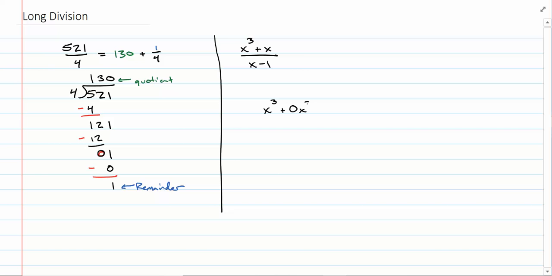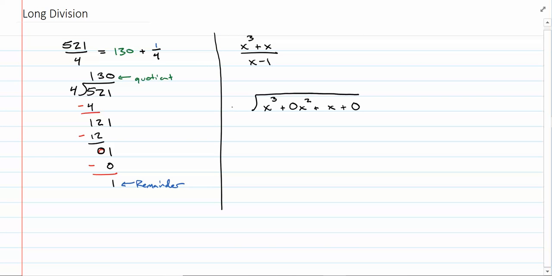We want to insert zeros for any places that are not accounted for in the numerator. We want to make sure every power of x is accounted for. That's going to help us keep everything lined up when we're doing our long division. So if there's no x squared term, put a 0x squared in there. And then I'm going to put the x minus 1 out here. It's the denominator, just like the 4 was.